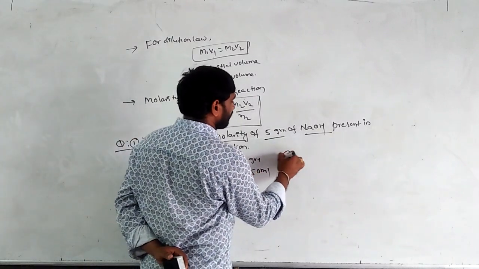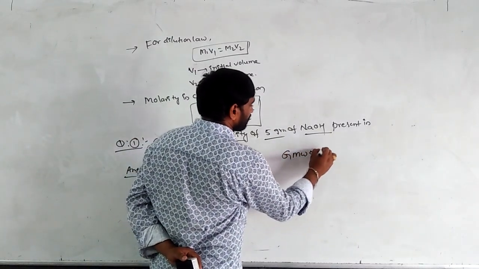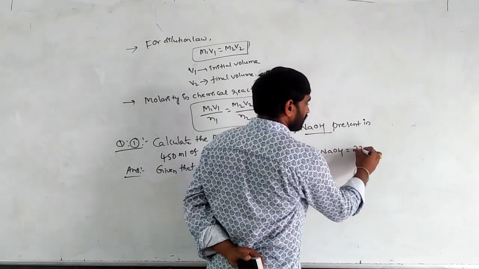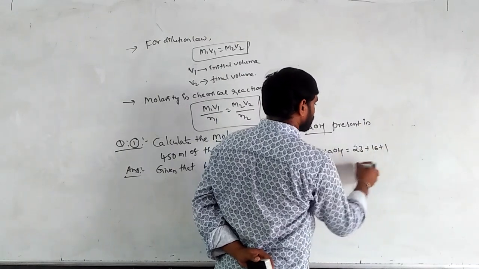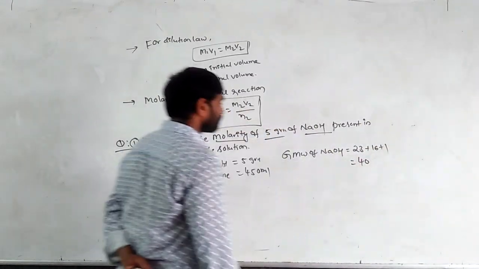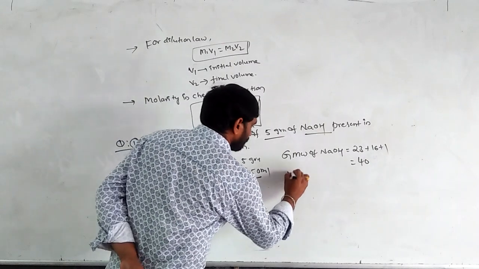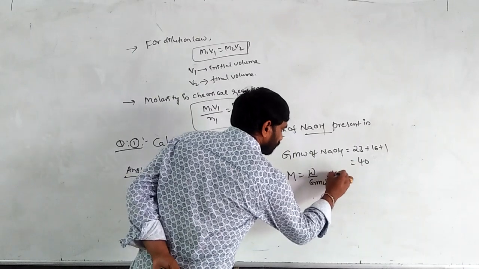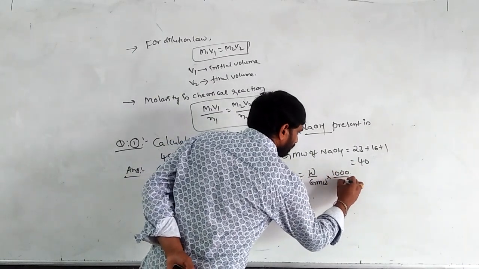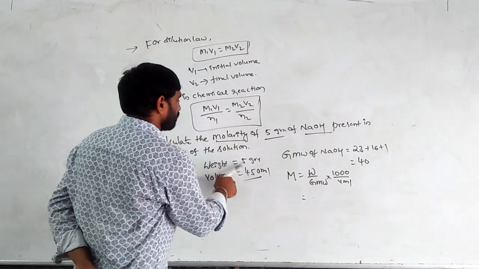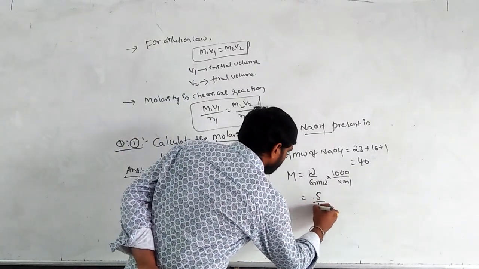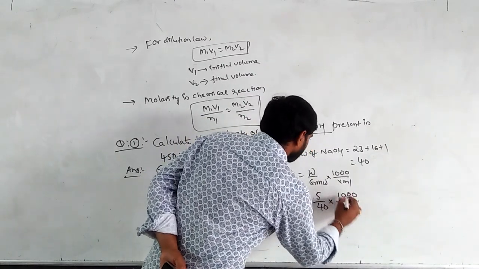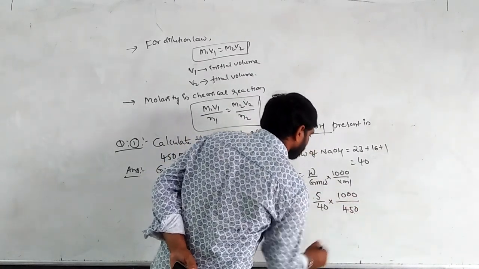Next, the gram molecular weight of NaOH equals sodium 23 plus oxygen 16 plus hydrogen 1, which equals 40. Therefore, molarity M equals weight by gram molecular weight into 1000 by V in ml. Weight 5 by gram molecular weight 40 into 1000 by V, which is 450 ml.